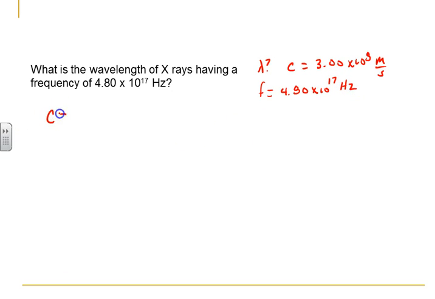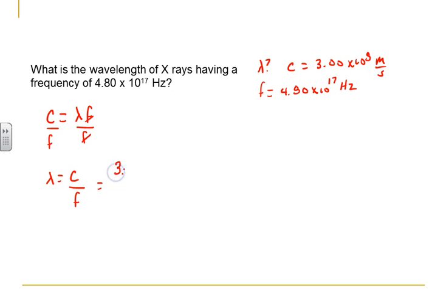So if c equals wavelength times frequency, and we're solving for wavelength, we divide by the frequency, and we get wavelength is equal to the speed of light divided by the frequency of light.